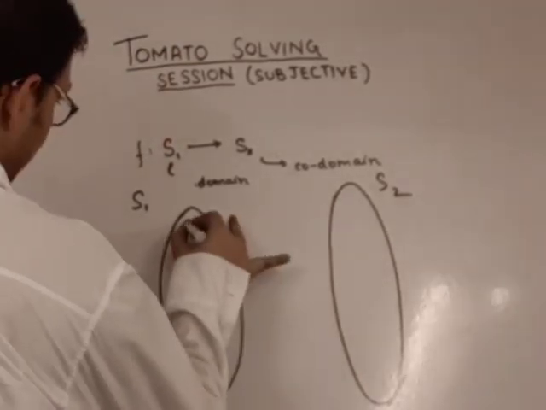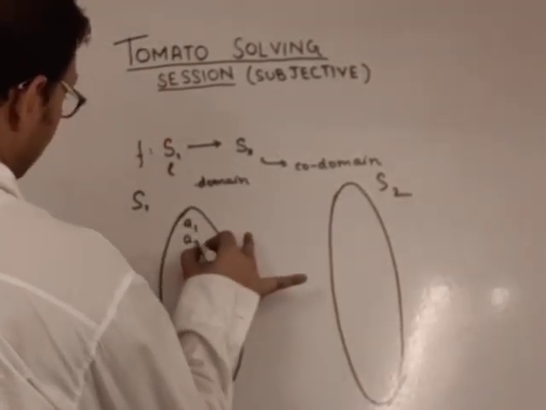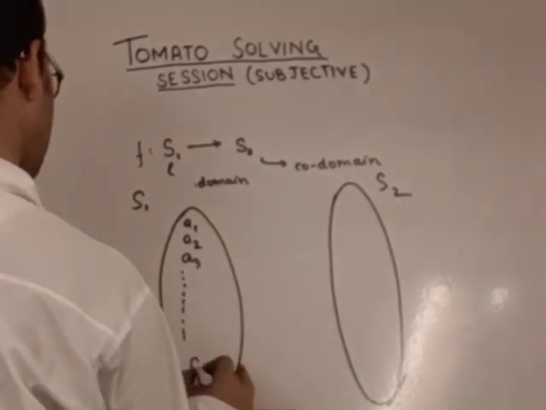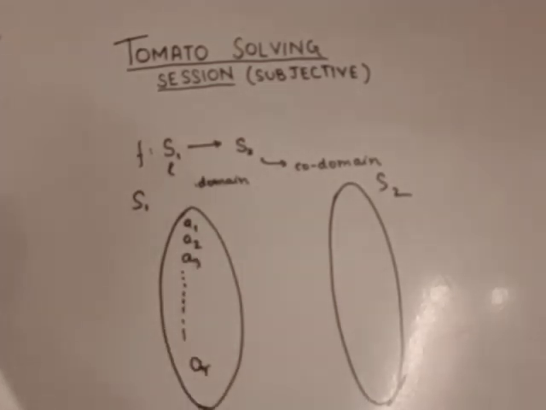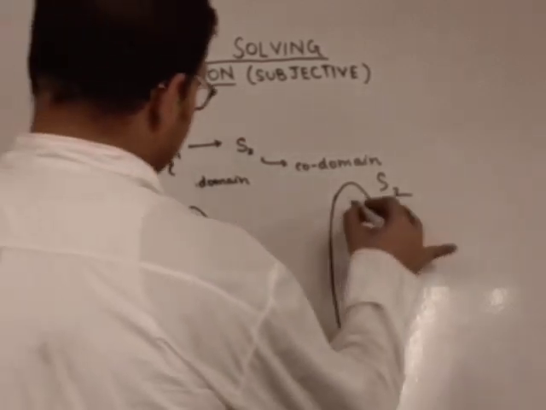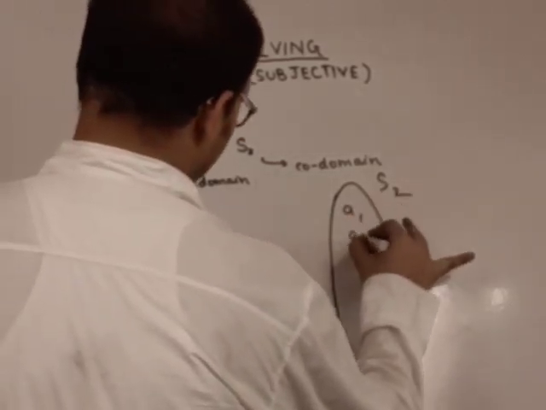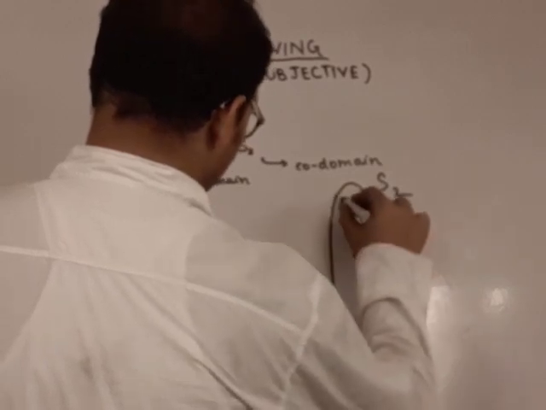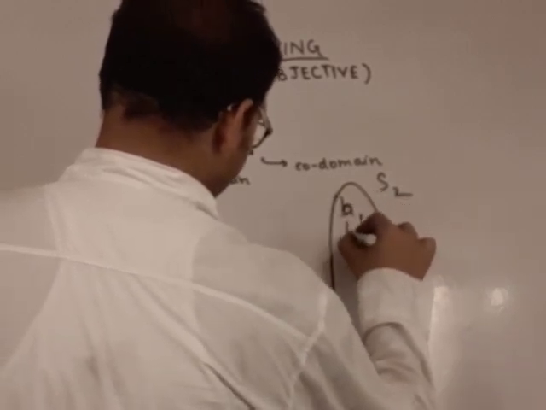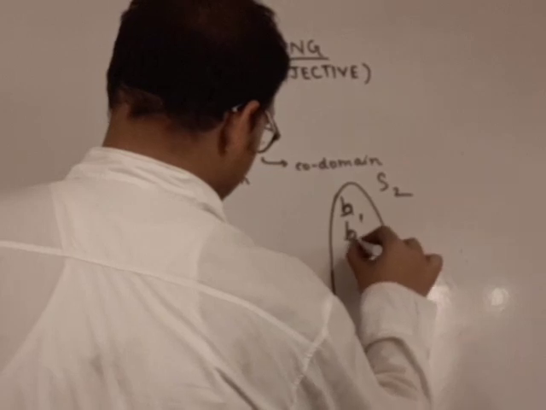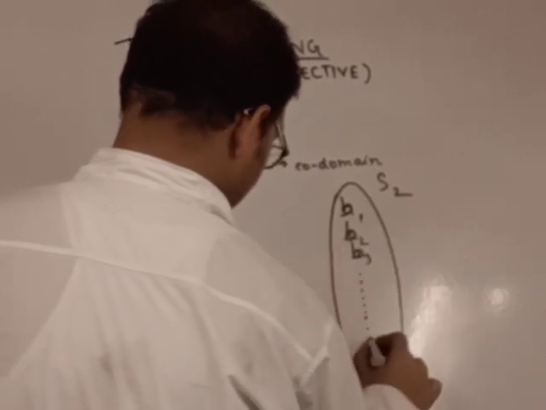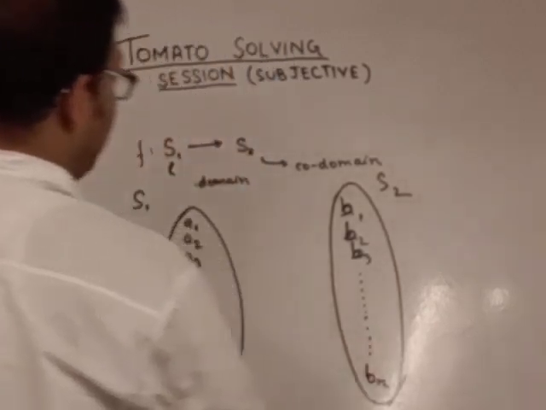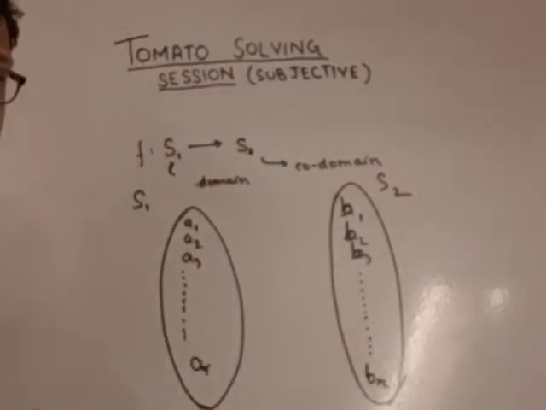The elements of S1 are A1, A2, A3, up to Ar, and in S2, the elements are B1, B2, B3, up to Bn.